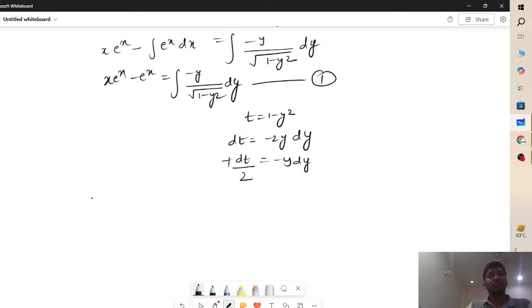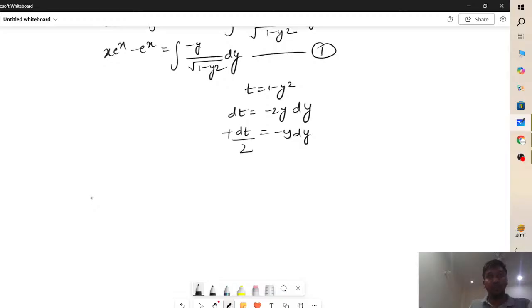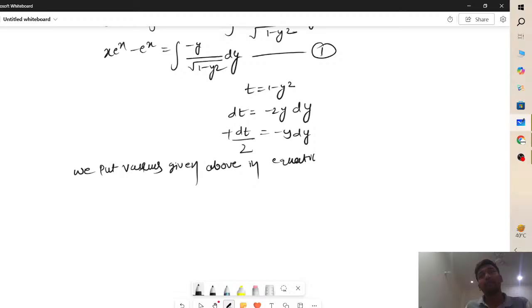So in the next part we put the values given above in equation 1.